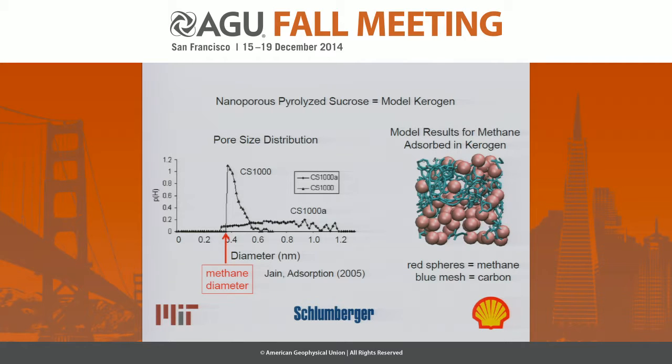But in fact, an amazing amount of hydrocarbon can be stored in these sub-nanometer pore spaces, and that's exemplified by the molecular dynamics calculation shown on the right part of the slide, done at MIT, where the blue frame is the carbon backbone of the kerogen, which is mostly carbon, and the red spheres are methane molecules. And you can see there's a fairly high concentration of methane that can fit into these very, very small pore spaces.